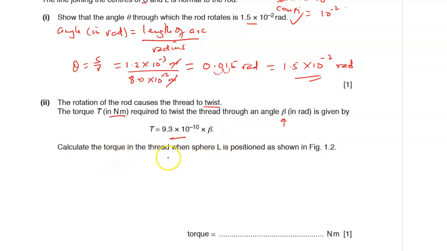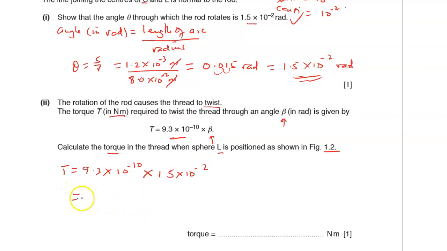Calculate the torque in the thread when the sphere L is positioned as shown in Fig 1.2. Therefore, we're given this angle in radians. We have calculated it here, we have shown it here. So then, of course, to calculate the torque will now be equal to 9.3 times 10 raised to power minus 10 times the angle in radians, which you have calculated, which is 1.5 times 10 raised to power minus 2.